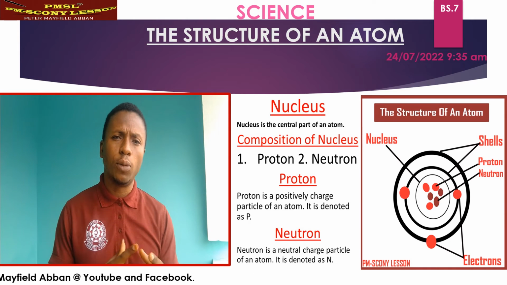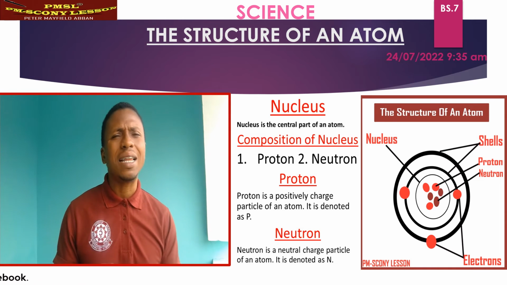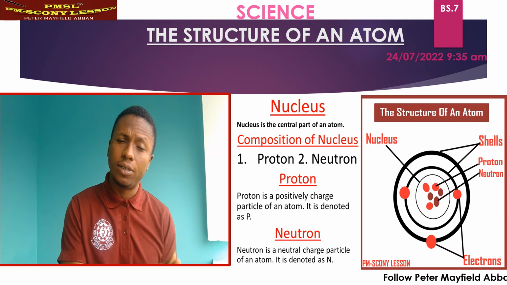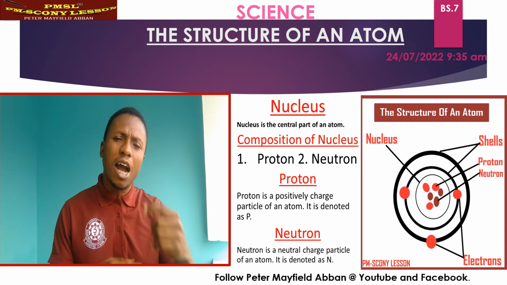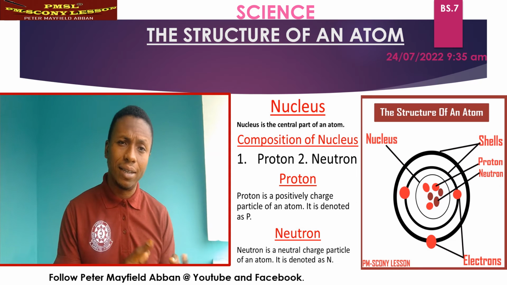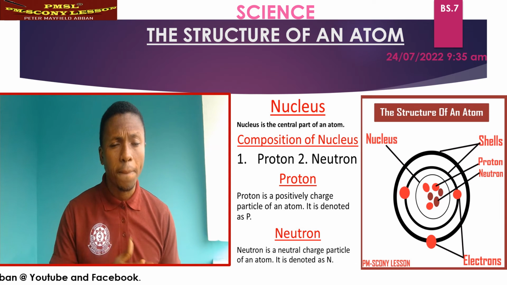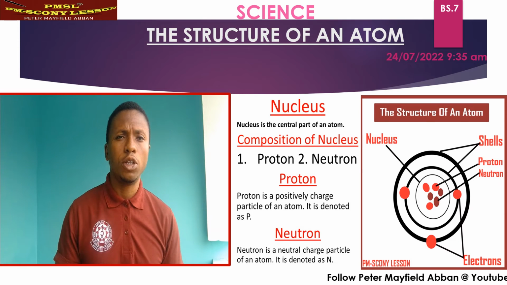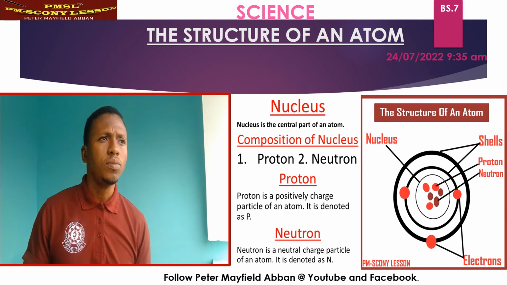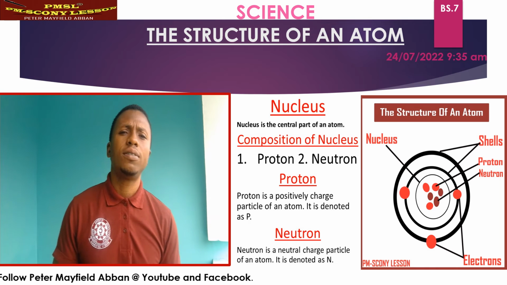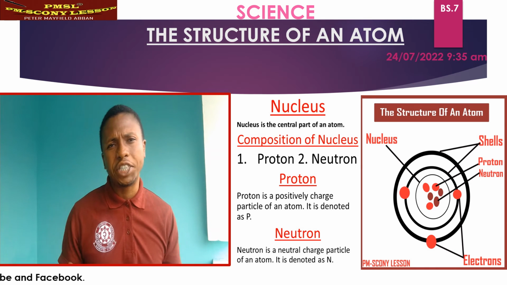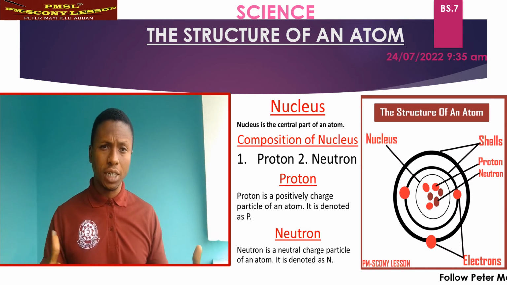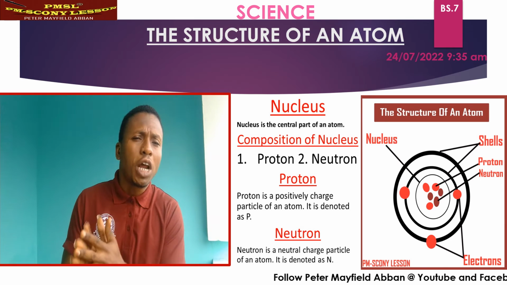Any atom which has less than 8 electrons in its outer shell will likely share, gain or lose electrons to become stable. So this is a simple explanation of the atomic structure.